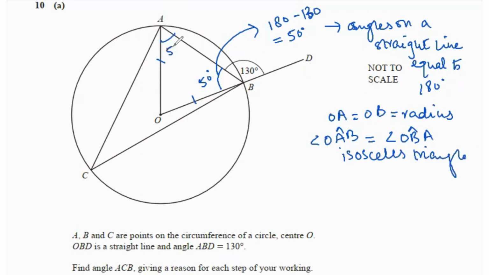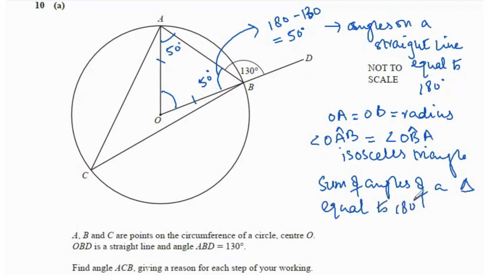So this will also be 50. Next, we find this angle because sum of angles of a triangle equal to 180.